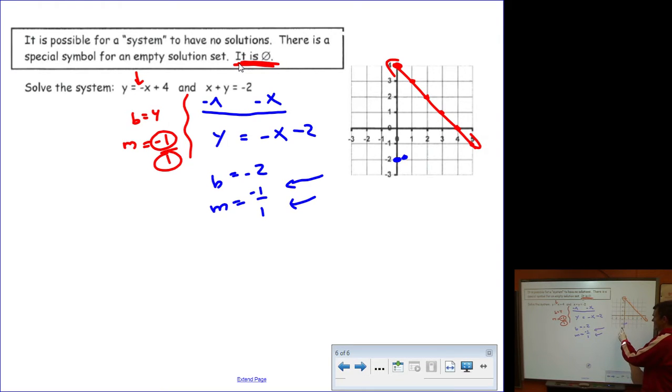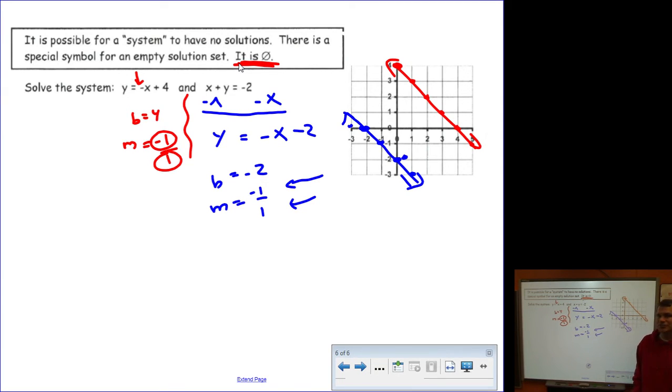So I'm going to go down 1, right 1. Oop, I'm out of space there. Instead of going down and to the right, I can go up and to the left. And my line would look something like that. Notice that these lines do not intersect.